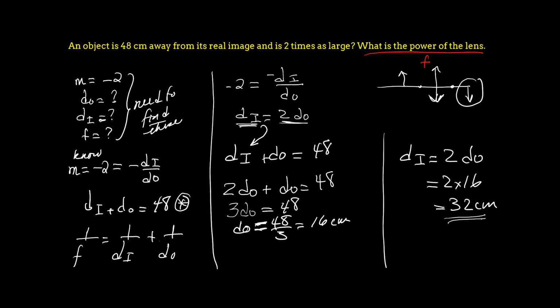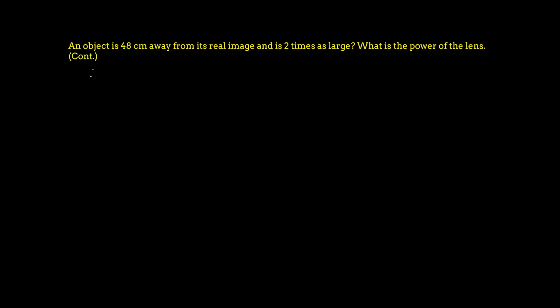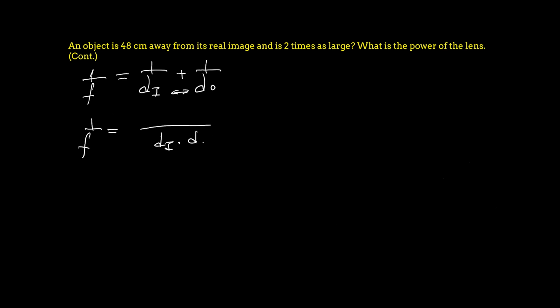So now that we know DI and DO, we can easily plug them in here and get F. So let's do that. 1 over F equals 1 over DI plus 1 over DO. 1 over F equals, again, multiply these two, then multiply these. DO times 1 is DO, plus DI times 1 is DI.